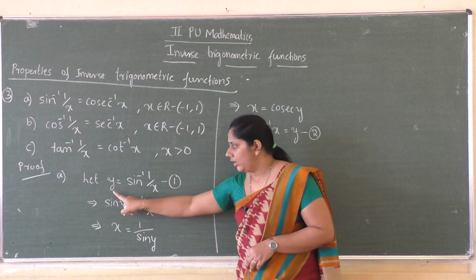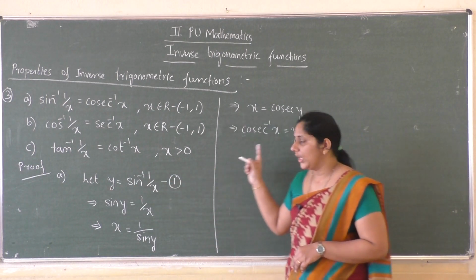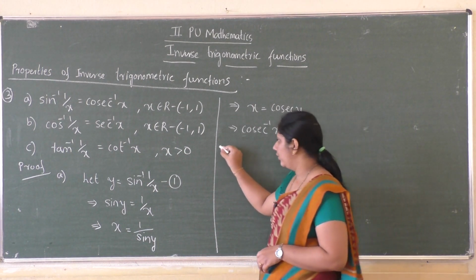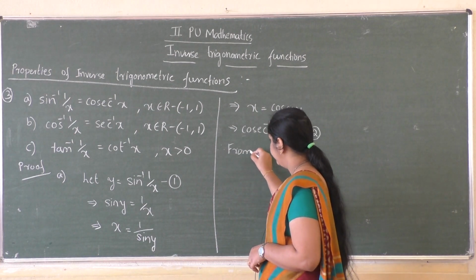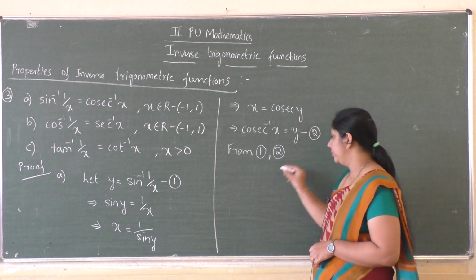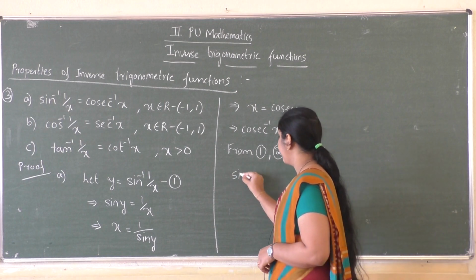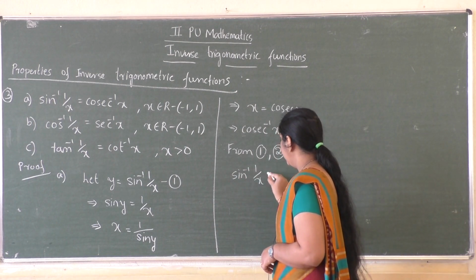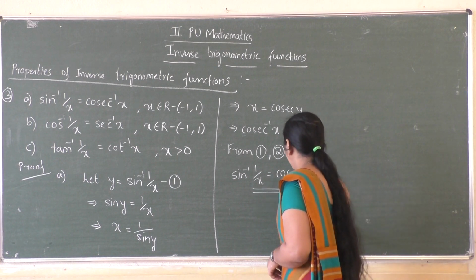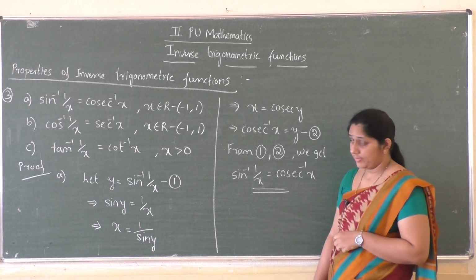In equation 1, y equal to sin inverse 1 by x, and equation 2 we got y equal to cosec inverse x. Therefore from equation 1 and 2 we get sin inverse 1 by x equal to cosec inverse x. So this is the proof of first one.